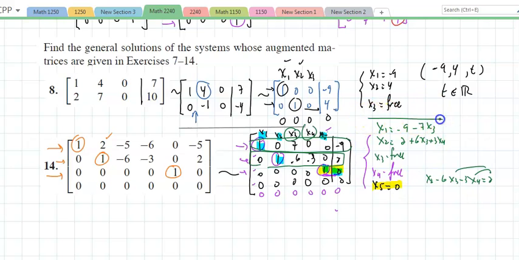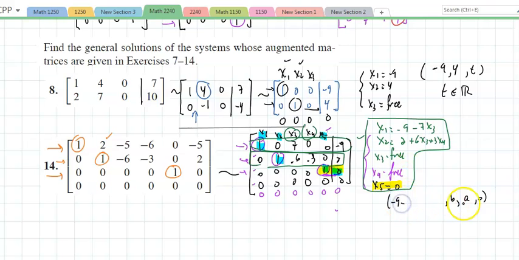And one way of writing the solution, and this is all they want here: if I make that A and that B, I could say that x sub 1 is negative 9 minus 7b, and x sub 2 would be 2 plus 6b plus 3a.